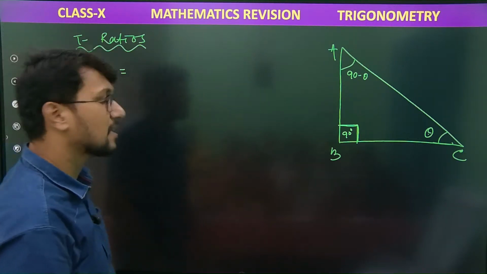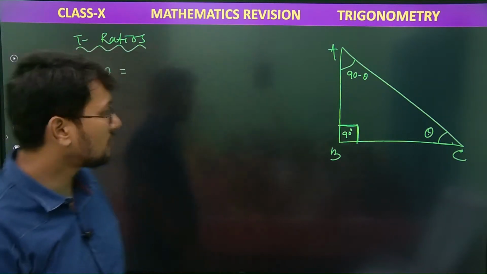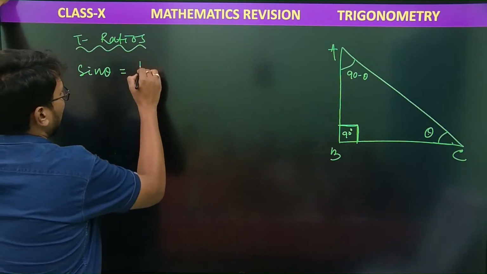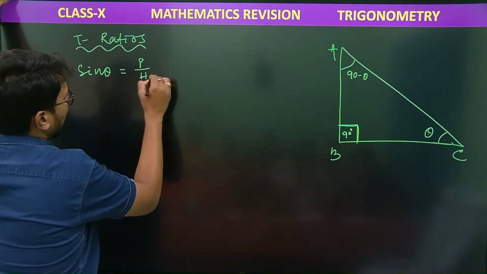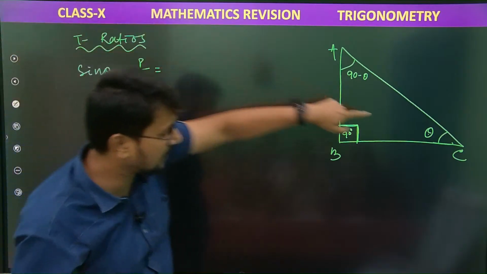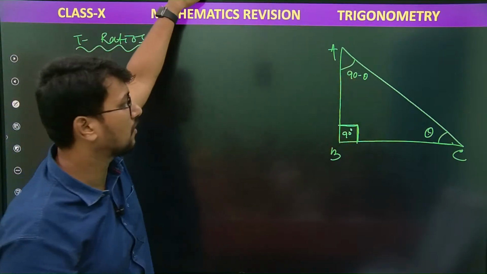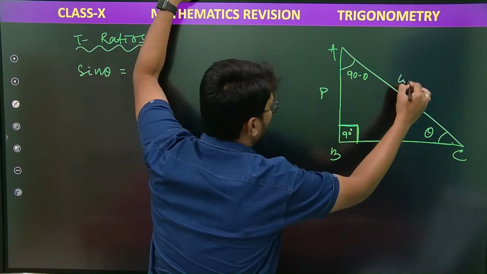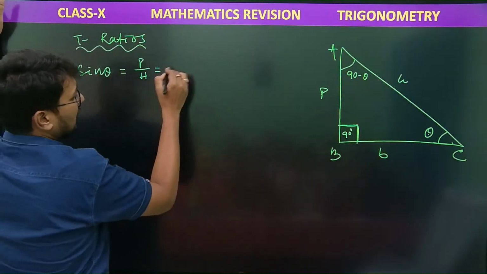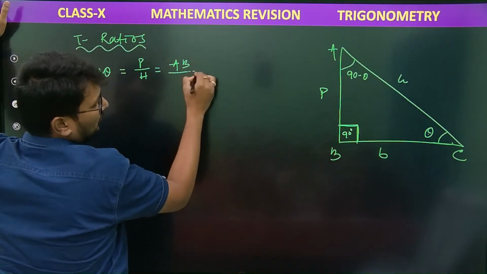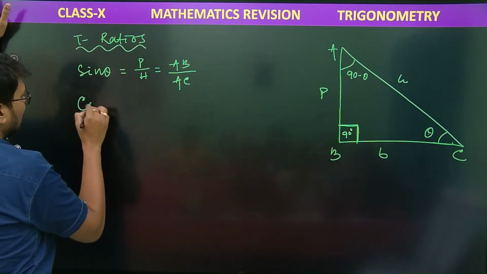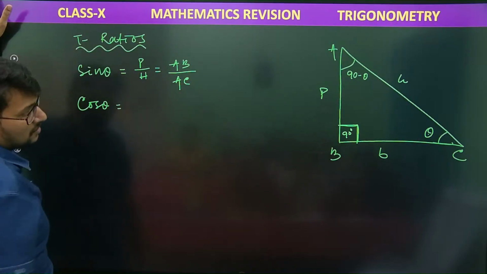So who can say sine theta is how much? Perpendicular by hypotenuse. Now for theta, which one is perpendicular? AB is perpendicular, this is base, this is hypotenuse. So we can write sine theta equals AB by AC.